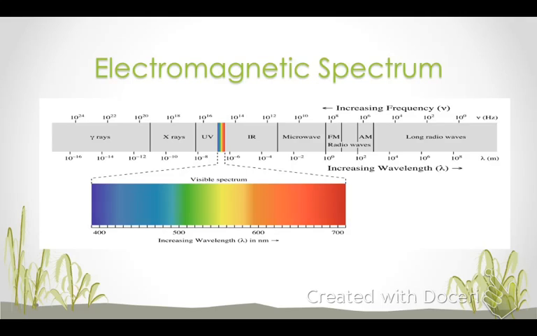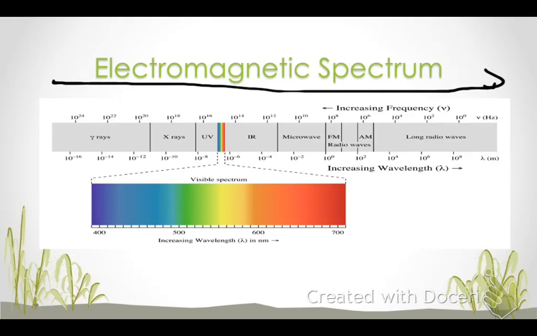Let's talk real quickly about the electromagnetic spectrum. Obviously, light is an important part of this. When we look at light, we can see that the electromagnetic spectrum is huge, and we can only see a very, very small bit of that. That's what we call the visible light spectrum.